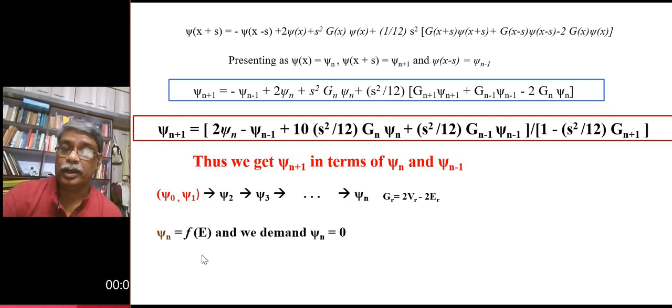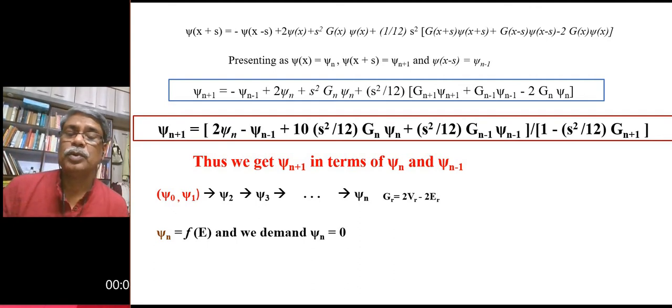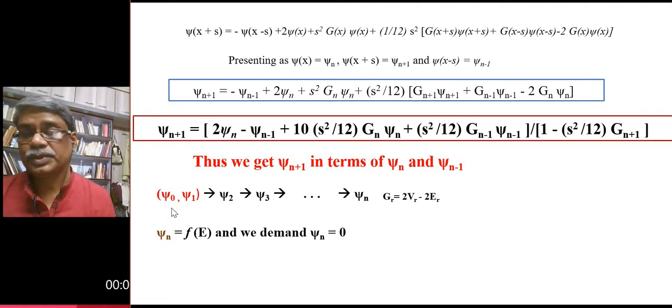Okay, and we demand that this psi n, the extreme right hand x point, psi at x max, must be equal to 0. Why so? Simple quantum logic, that a well-behaved function must vanish at both infinities, plus and minus infinity, and that logic itself gives you another clue, that psi 0 must be 0.